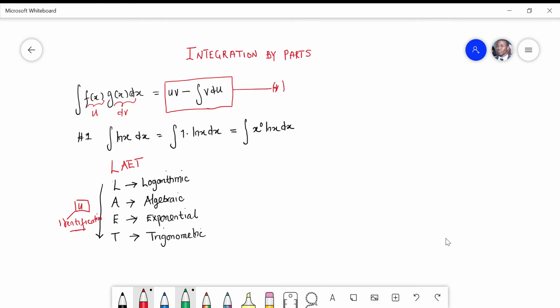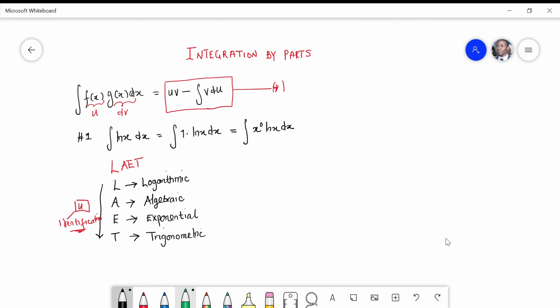It means that logarithm comes first, followed by algebraic function, followed by exponential, followed by trigonometry, in that order. So once you have an integrand which contains exponential and trig, you know what comes first, right? Exponential comes first, so exponential becomes u. And then if you have logarithm and trig, you know that logarithm comes first. So that's the idea.